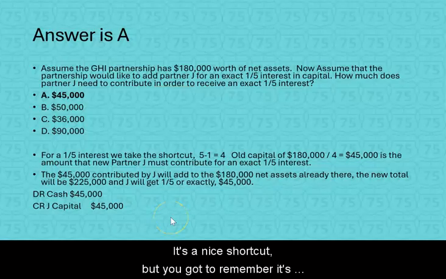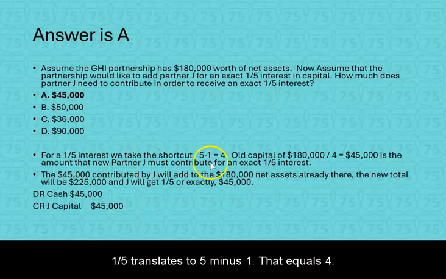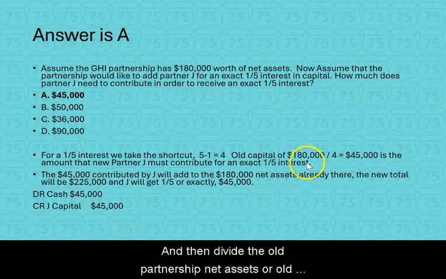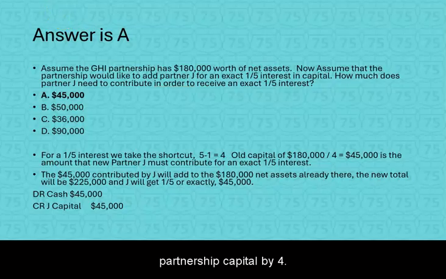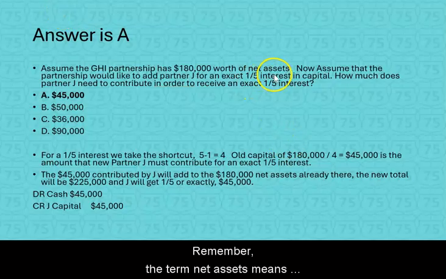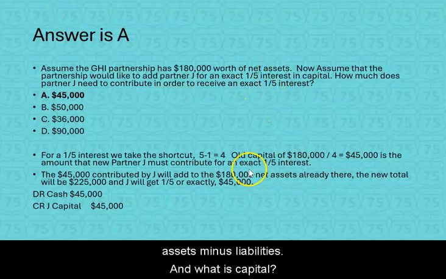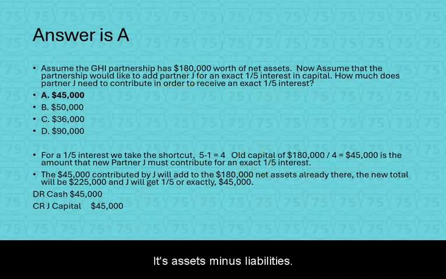It's a nice shortcut, but you've got to remember 1/5 translates to 5 minus 1. That equals 4, and then divide the old partnership net assets or old partnership capital by 4. Remember, the term net assets means assets minus liabilities. And what is capital? It's assets minus liabilities.